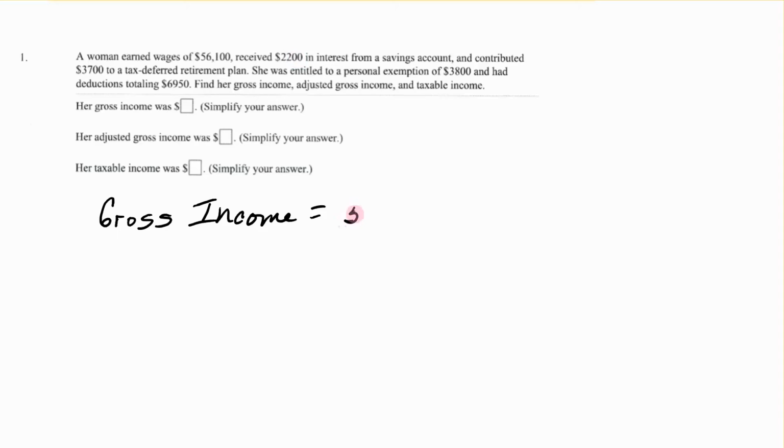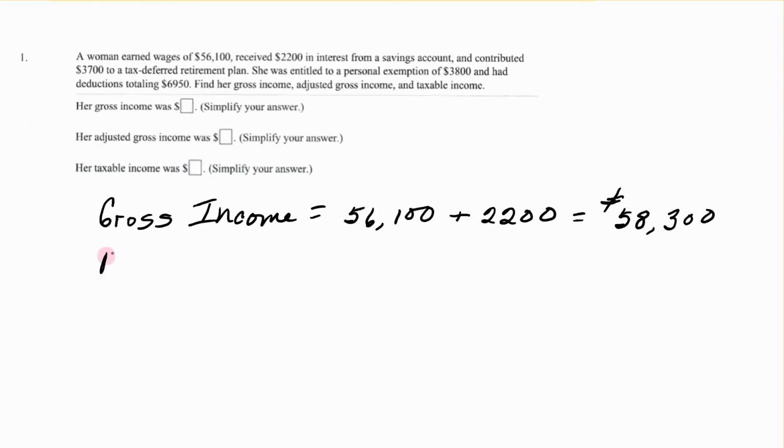So it is $56,100 plus $2,200. And if I add those up, I'll get $58,300. That's her gross income. The dollar signs will always be outside the little boxes, so I may start leaving them off of my work as well.